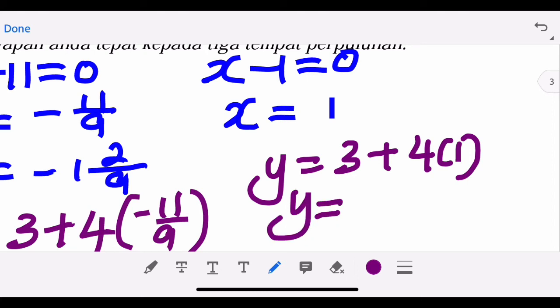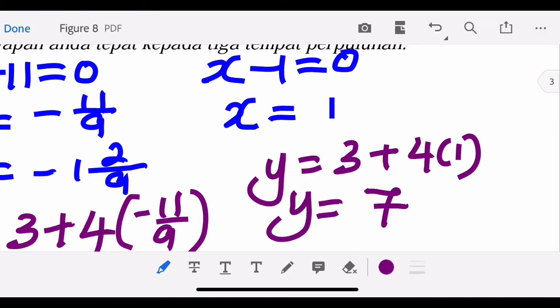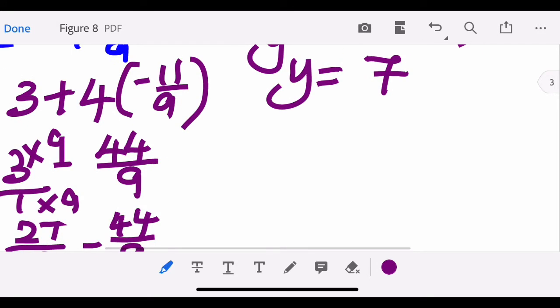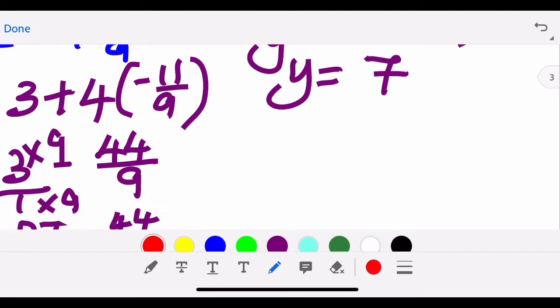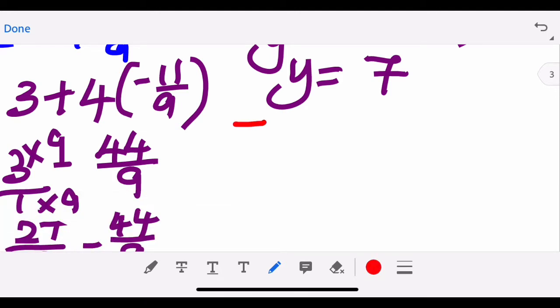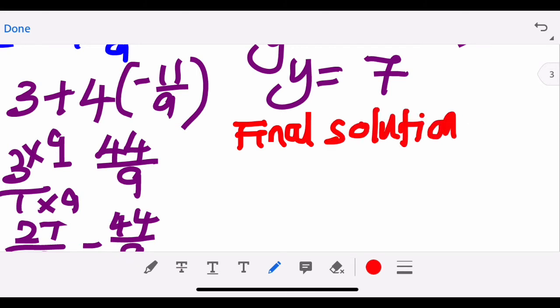Okay, finally, we will try to rewrite again the answer for x and y and make sure we have 4 answers. Okay, so let's write down the answer for x and y. We can actually list down in a row for all the answers. So final solutions.